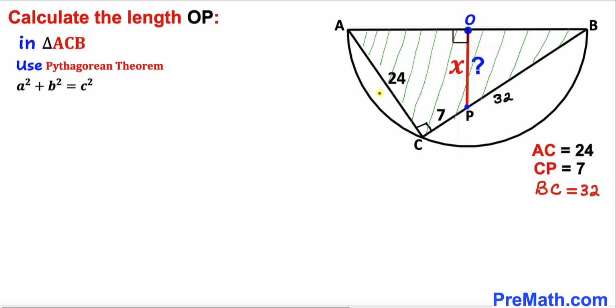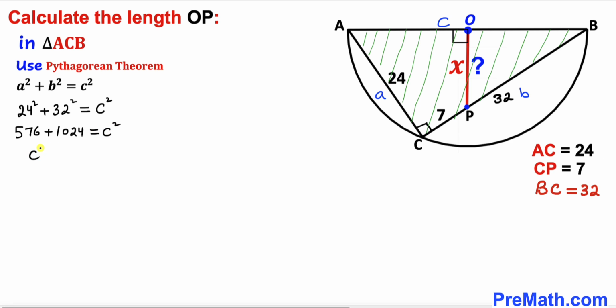Let me call the longest side c, this side a, and this side b. Filling in the blanks: a is 24 squared plus b is 32 squared equals c squared. 24 squared is 576 plus 32 squared is 1024 equals c squared.